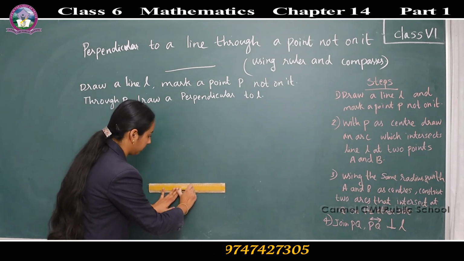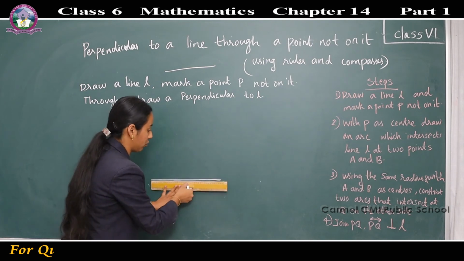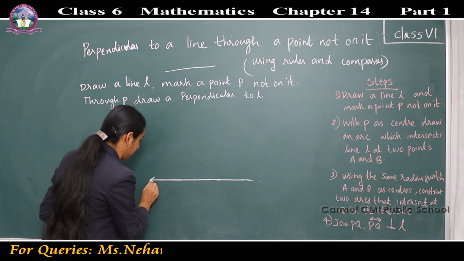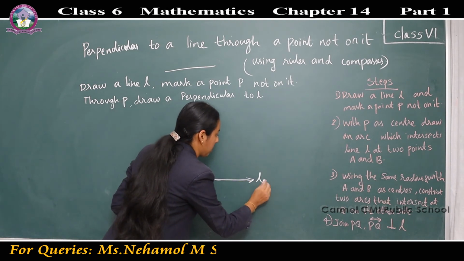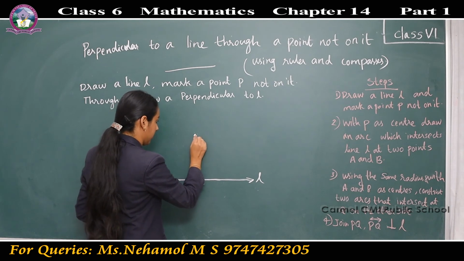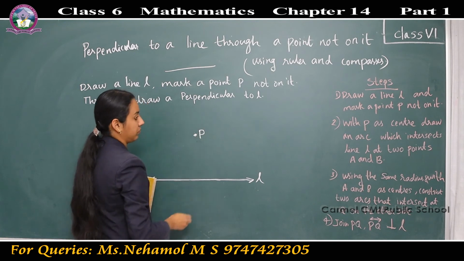First we have to draw a line L. Mark a point P not on it. This is point P not on the line.